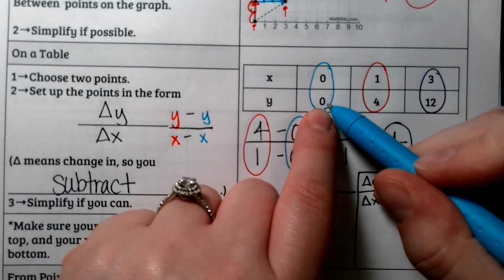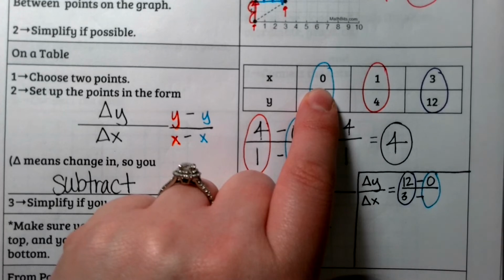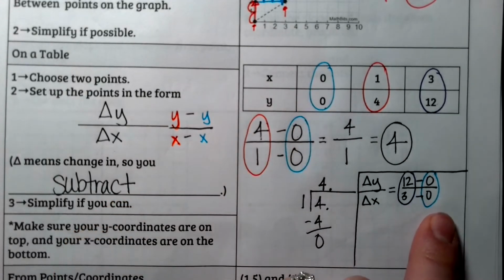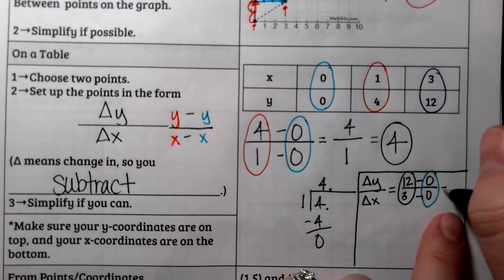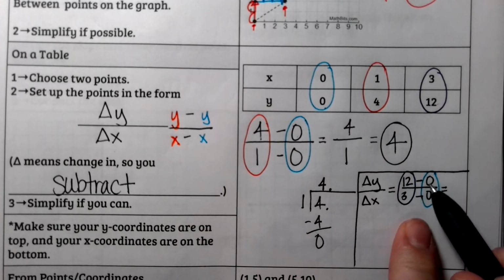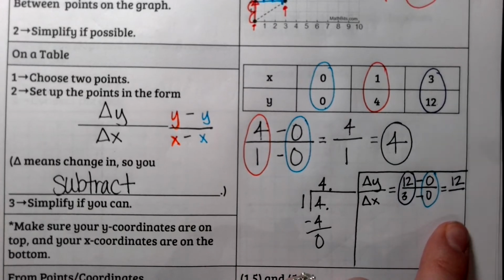Since 0 was my second y, 0 must be my second x. And then we're going to subtract. What is 12 minus 0? 12. What's 3 minus 0?